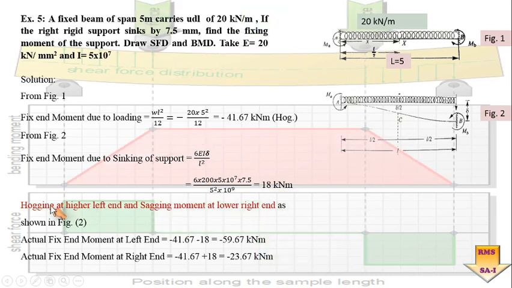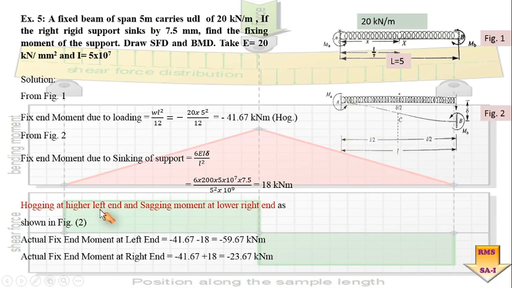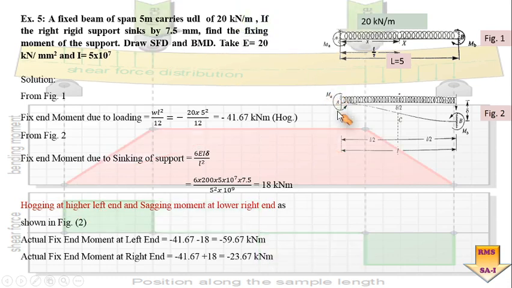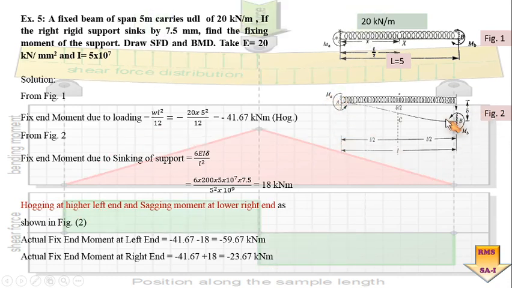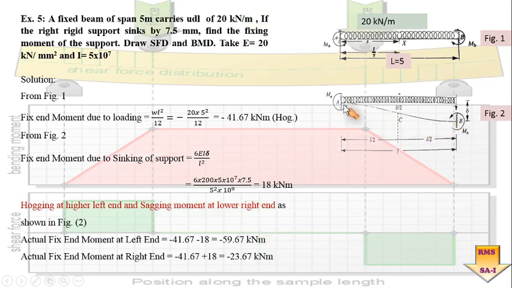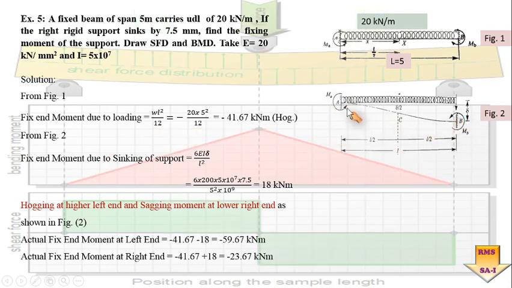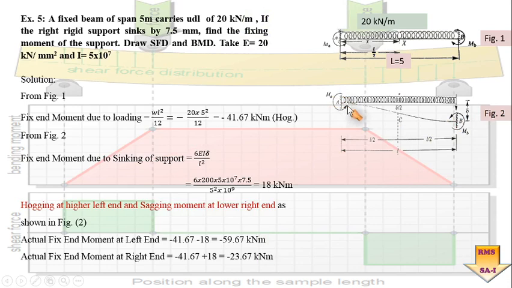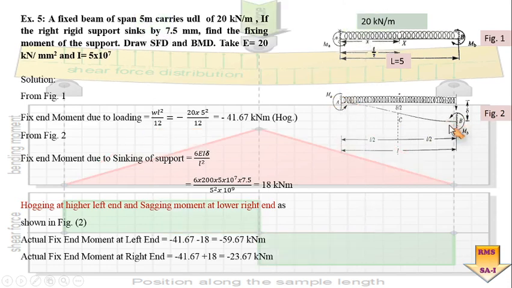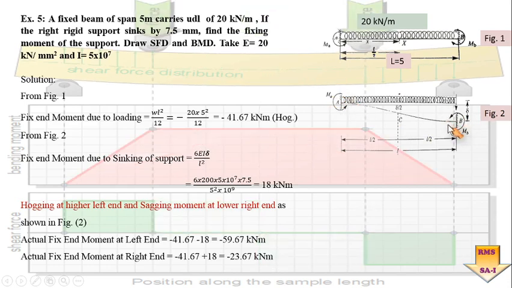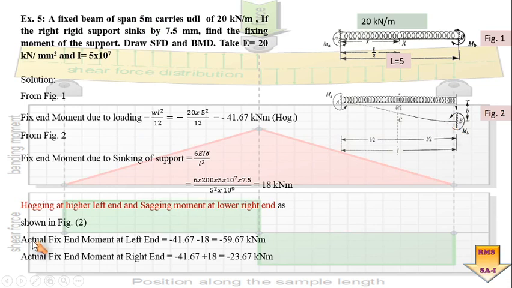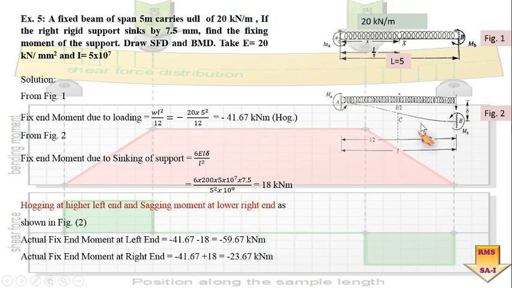Here we can see that it is hogging at the left end and sagging at the right hand side, so accordingly we understand the effect of the sign convention. So this is hogging, so minus, and this is sagging, so positive.